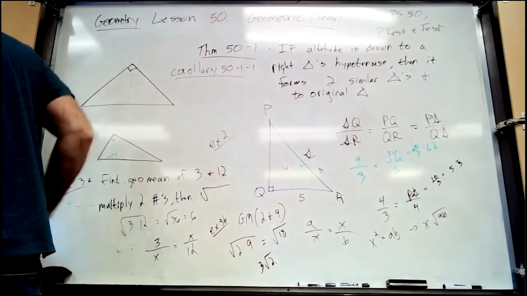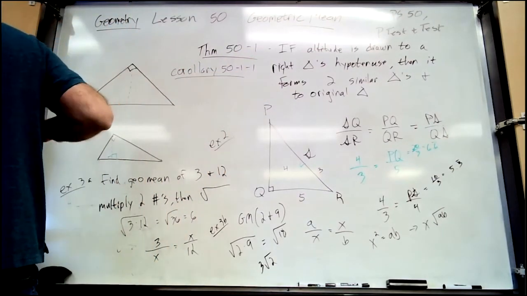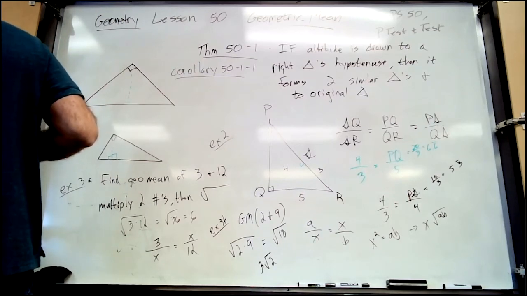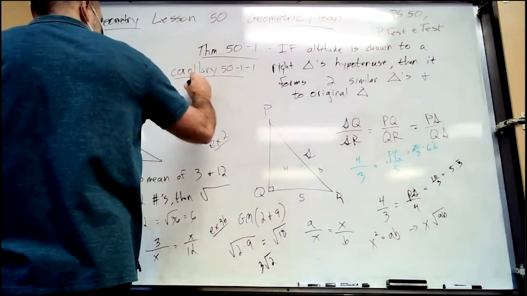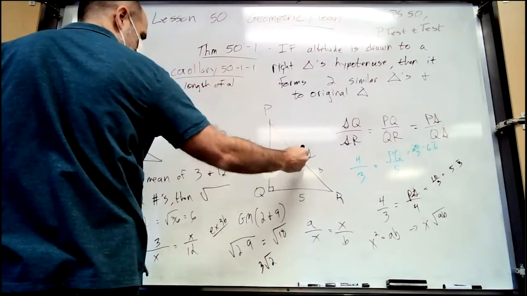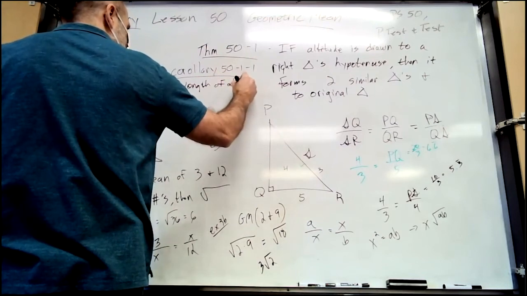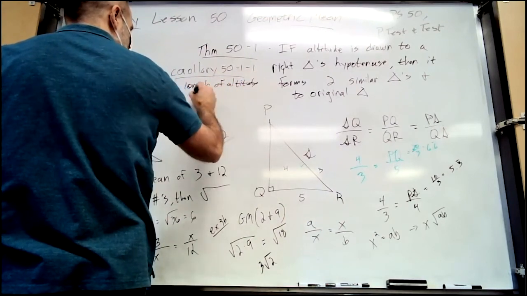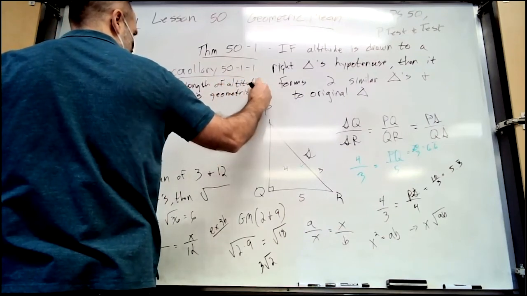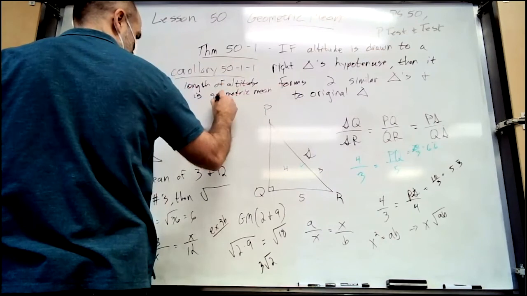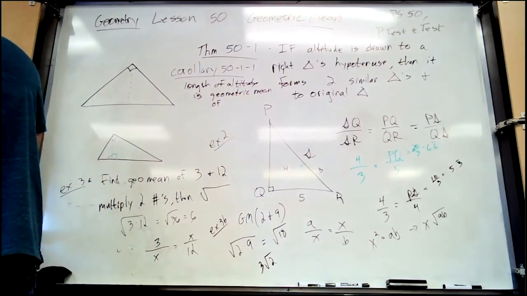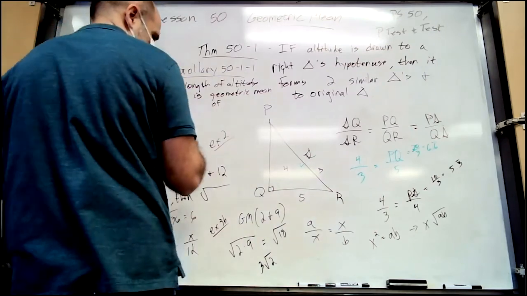We're going to say if this same setup is there, then the length of the altitude, so this length right here, is the geometric mean between the segments of the hypotenuse.